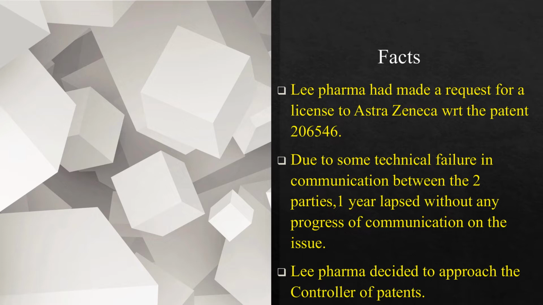Due to some technical failure in communication between the two parties, it may happen, friends, a period of 1 year lapsed without any progress of communication on the same issue. So now Lee Pharma decided to approach the Controller of Patents.